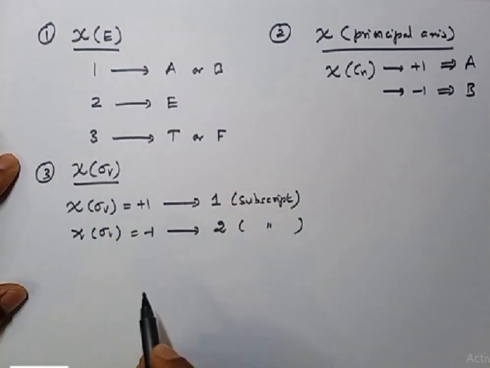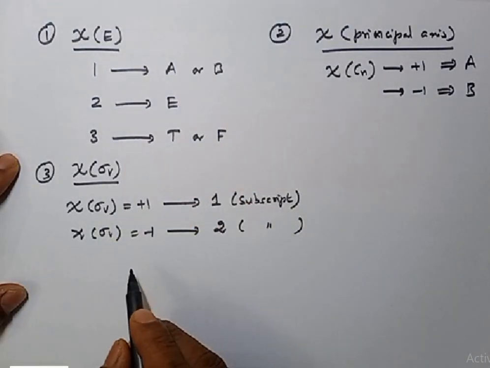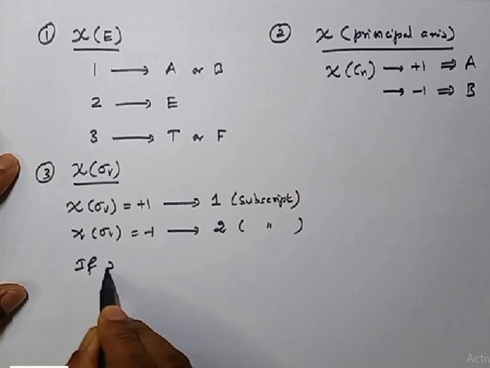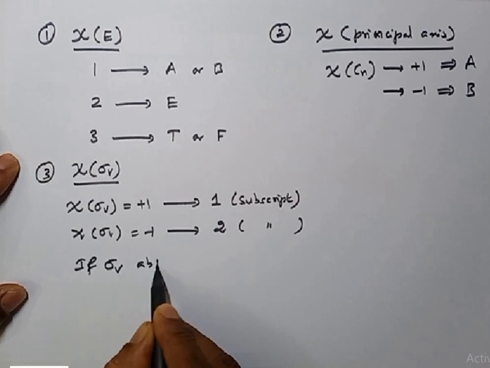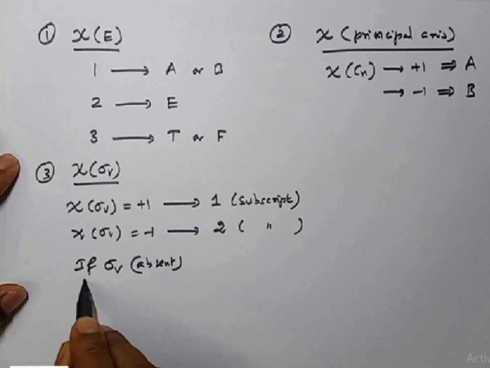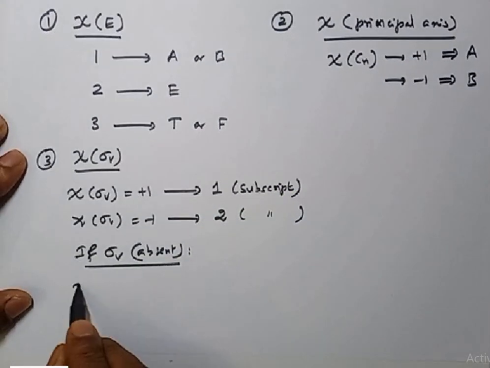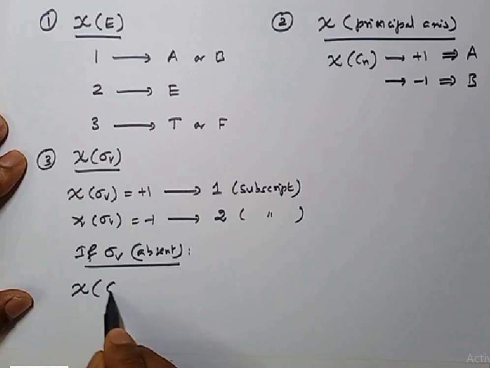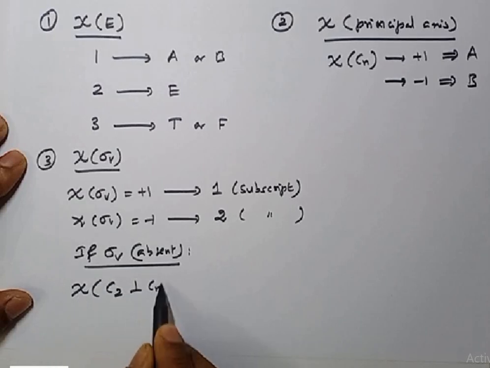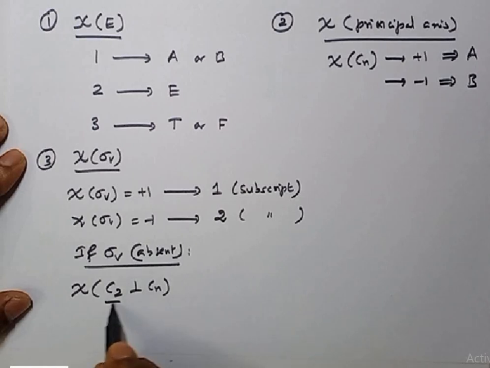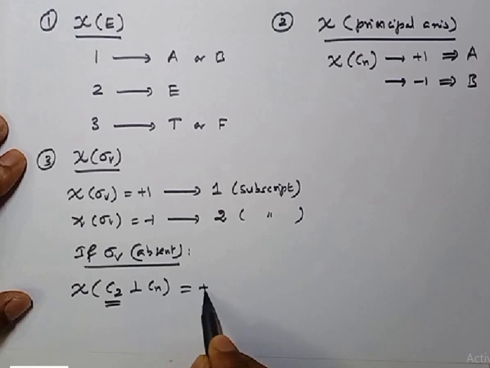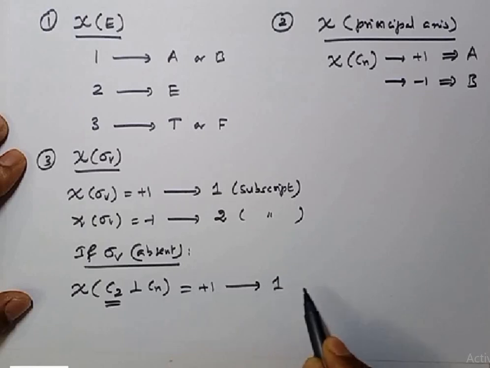Suppose if the vertical plane is absent, if sigma v is absent, observe carefully, this is very important. If sigma v is absent, then you check C2 perpendicular. So see the character for C2 which is perpendicular to the principal axis. If this character is +1, then give number 1 in the subscript.